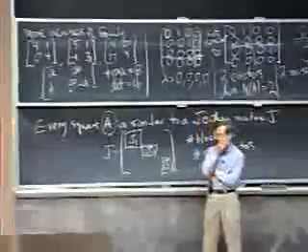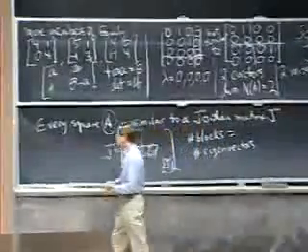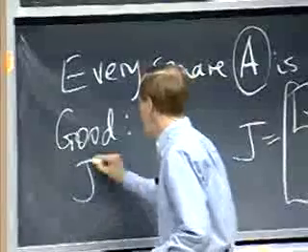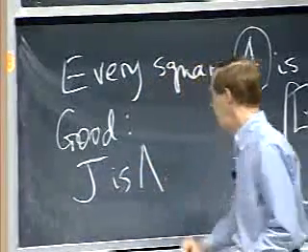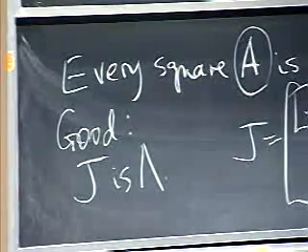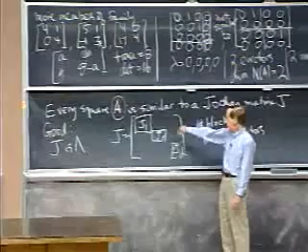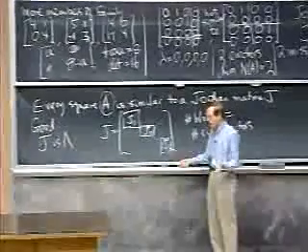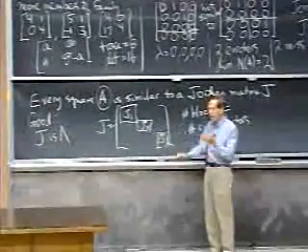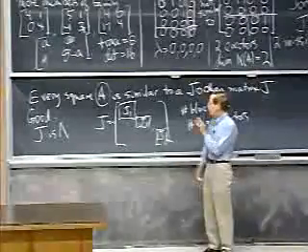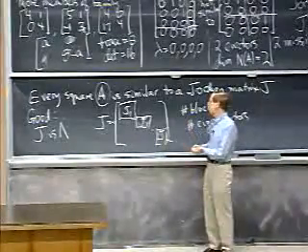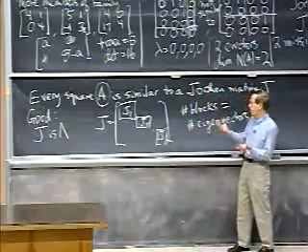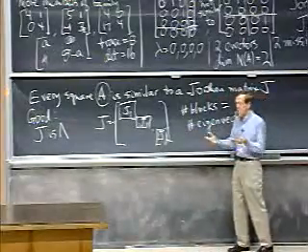It's lambda. So the good case, J is lambda. There are d equals n blocks, n eigenvectors, diagonal, everything great. But Jordan covered all cases by including these cases of repeated eigenvalues and missing eigenvectors.